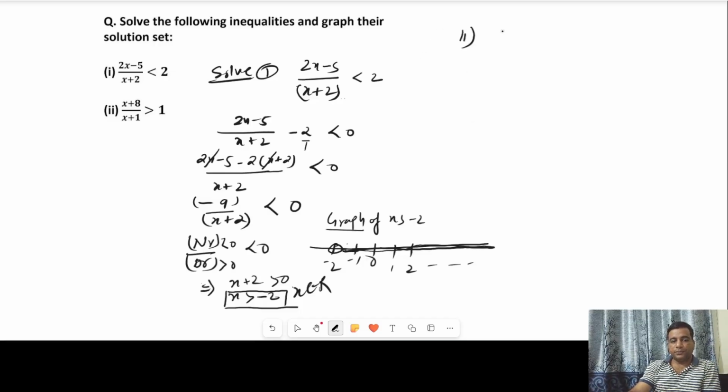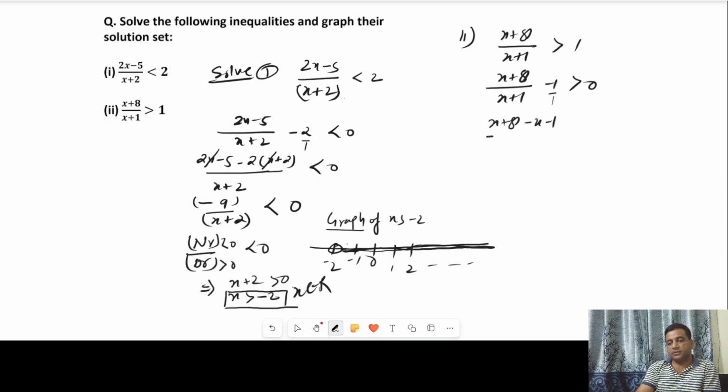Second part, x plus 8 upon x plus 1 is greater than 1. Now transpose 1 towards the left: x plus 8 by x plus 1 minus 1 is greater than 0. Taking LCM, x plus 8 minus x minus 1 divided by x plus 1 is greater than 0, and x cancels out. 8 minus 1 is 7 by x plus 1, this is greater than 0.